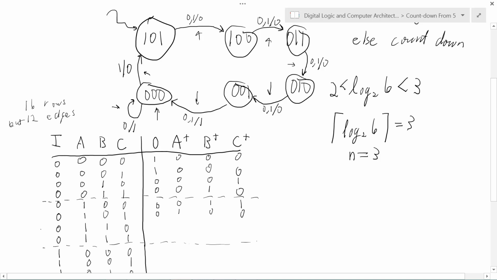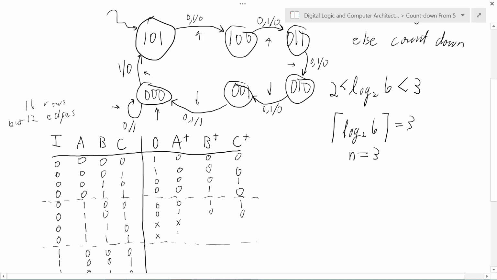But what about state 6? What about state 7? We don't have these states. So these are don't cares. We don't care about the output bit.